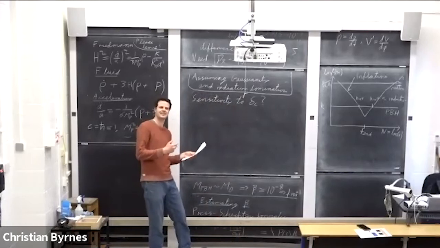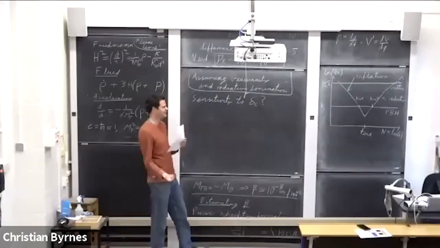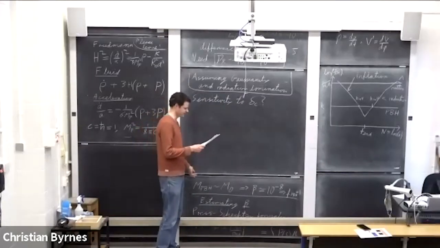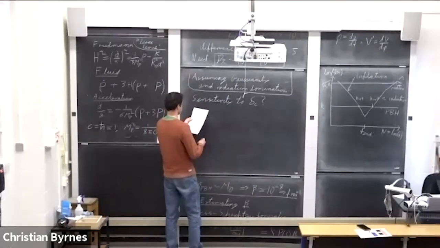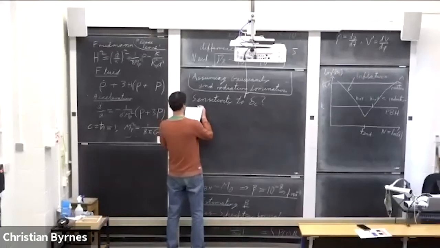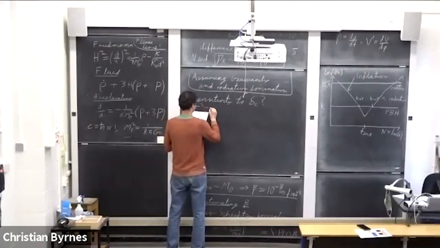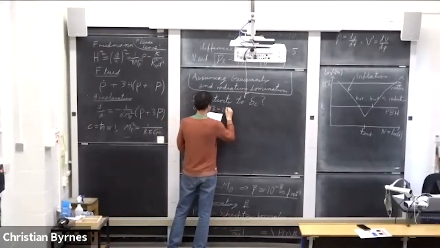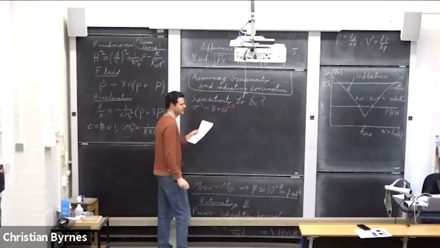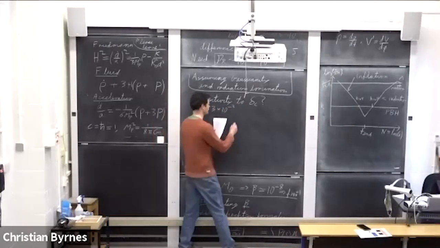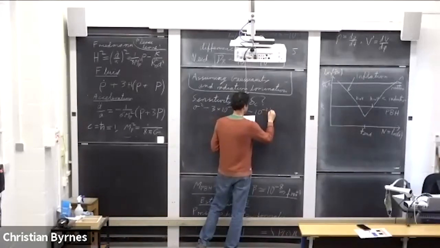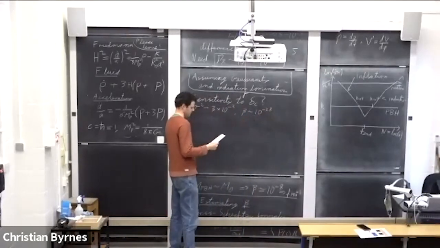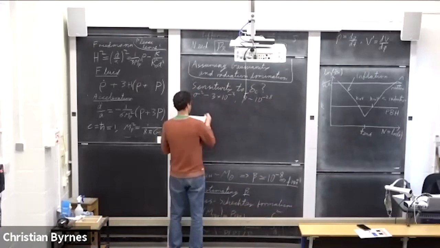I can make the answer look important or unimportant depending on what I decide to do. So if I decide to compare values of beta, so if I choose sigma squared of 3 times 10 to the minus 3, remember this corresponded to a very small value of beta of 10 to the minus 28. Now let me compare what the values would be.